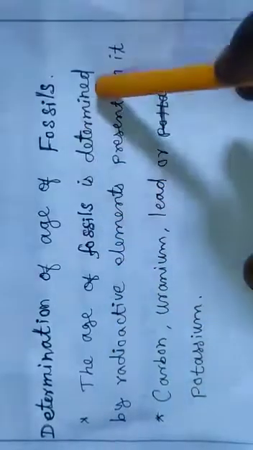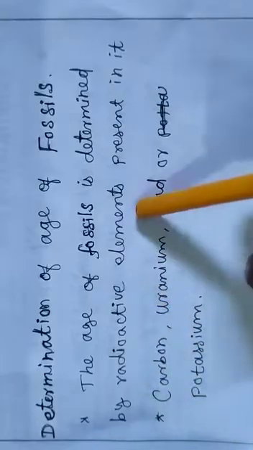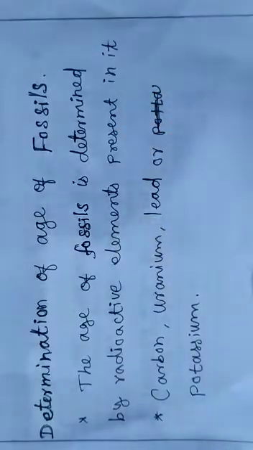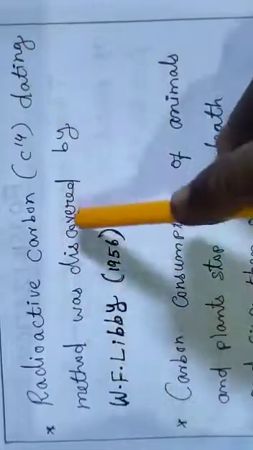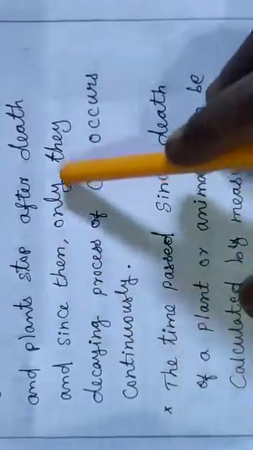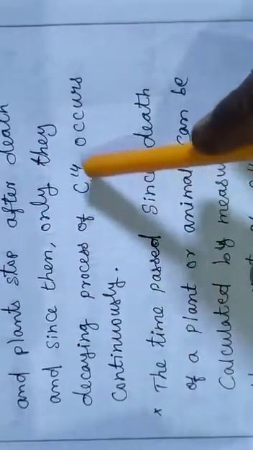The age of a fossil is determined by radioactive elements present in it, that is carbon, uranium, lead or potassium. Radioactive carbon, that is C14, dating method was discovered by W.F. Libby in 1956. The carbon consumption of animals and plants stops after death, and since then only the decaying process of C14 occurs continuously.